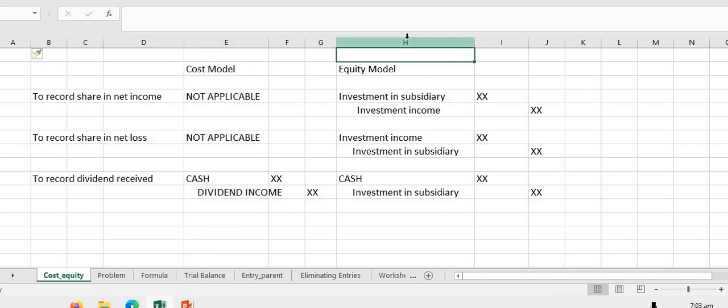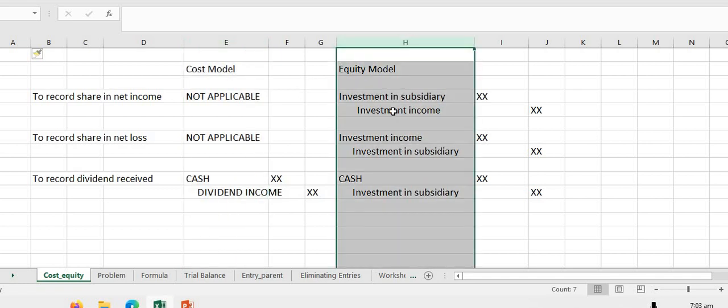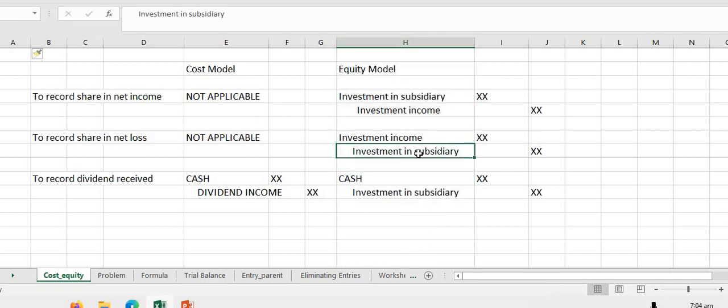However, in the equity model, it will increase if there is share in net income, decrease if there is share in net loss, and decrease when recording the share in dividends. Therefore, the value of the investment account changes in the equity model, unlike in the cost model.